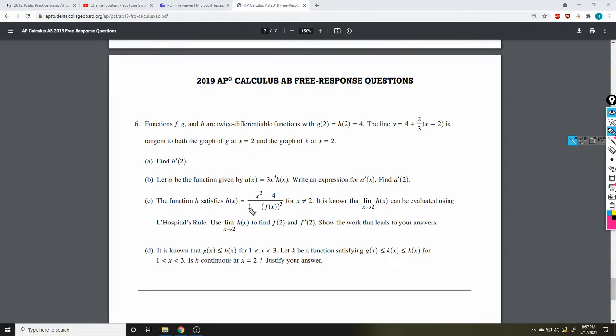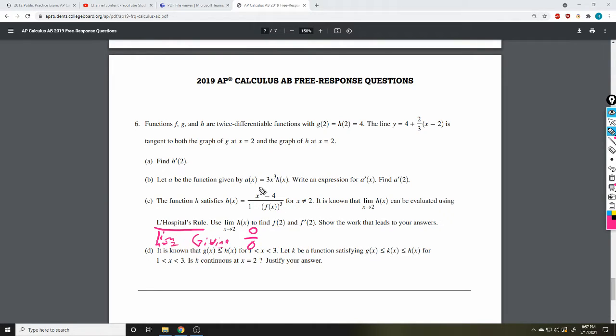First off, since I know that I can use L'Hopital's rule, that tells me that the limit as x approaches 2 is giving an indeterminate form. Most likely 0 over 0. So 0 over 0 is happening inside of this function.